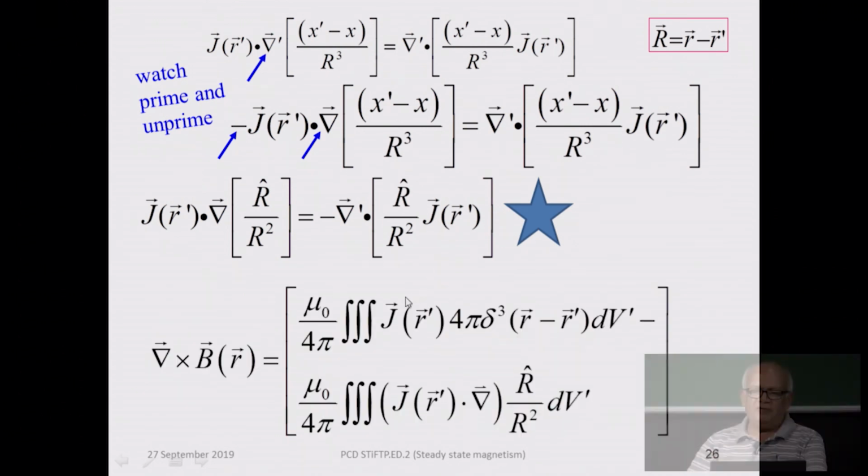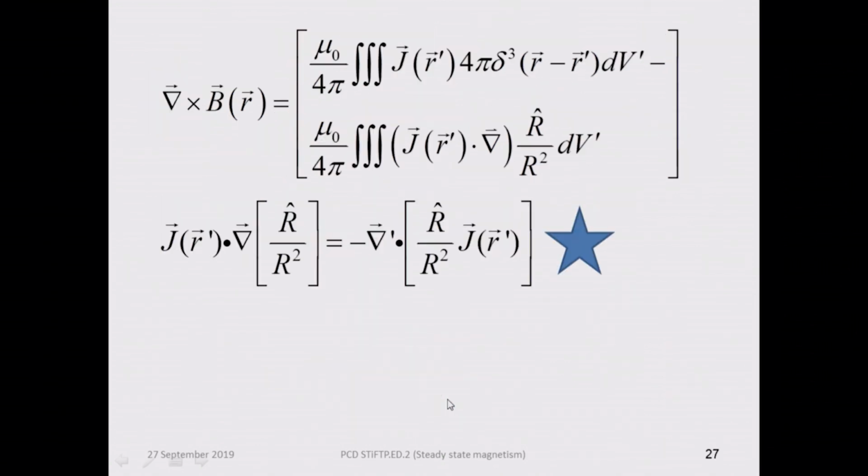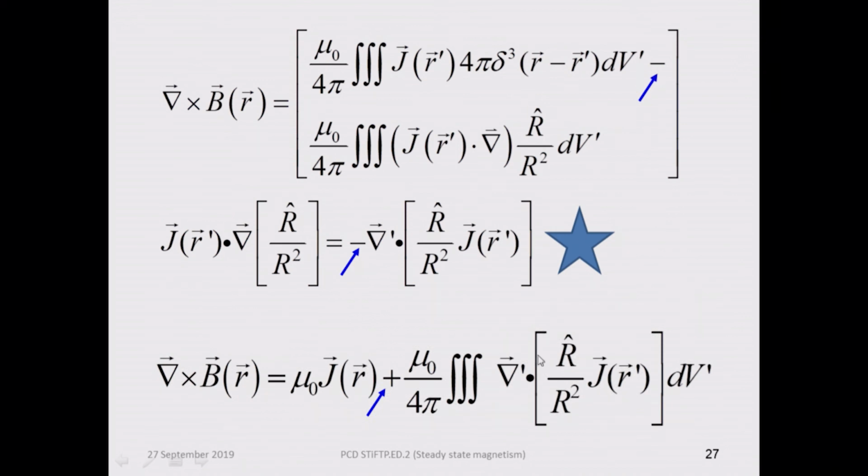And I have the previous result in which I had this integration involving the Dirac delta, and the second term was this. Now in the second term I use for this integrand this particular term with a minus sign, but there is a minus sign here and also a minus sign here. So the two together will give me a plus sign here, and now I have the integration. Mind you, everything is primed over here.